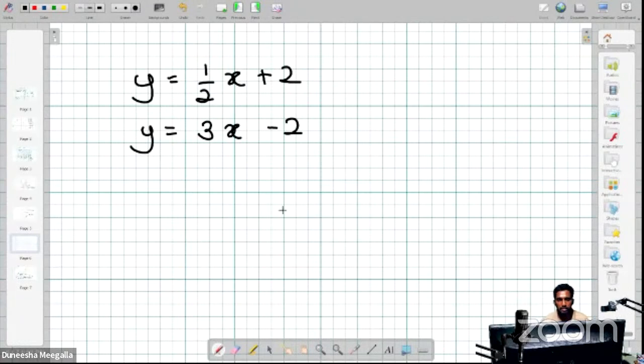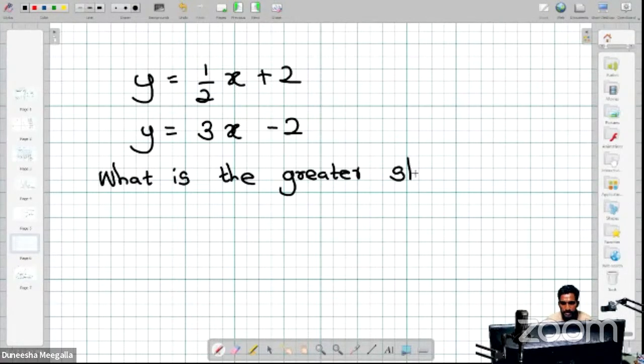What is the greater slope equation? Can you justify what the greater slope equation is? Which of these two has the greater slope?